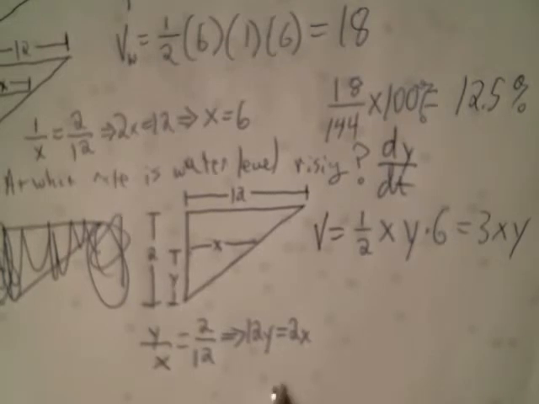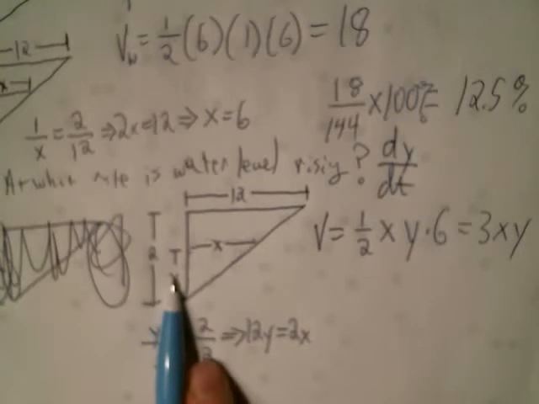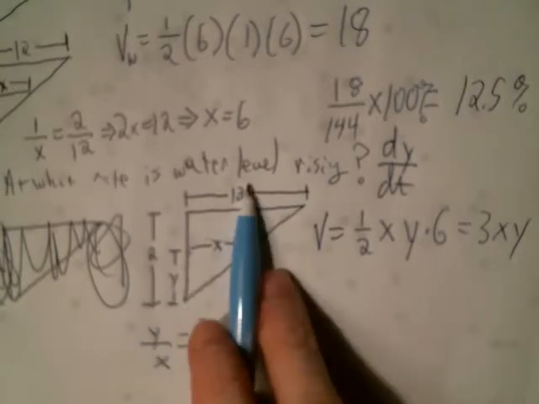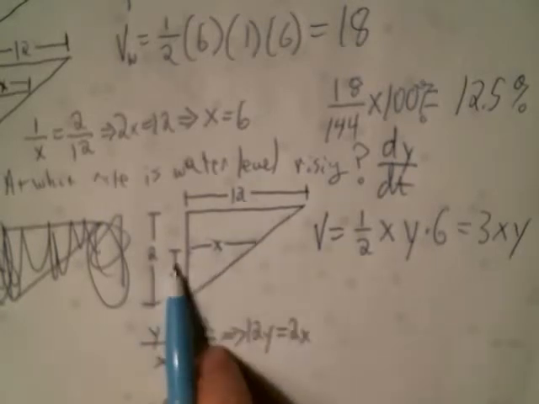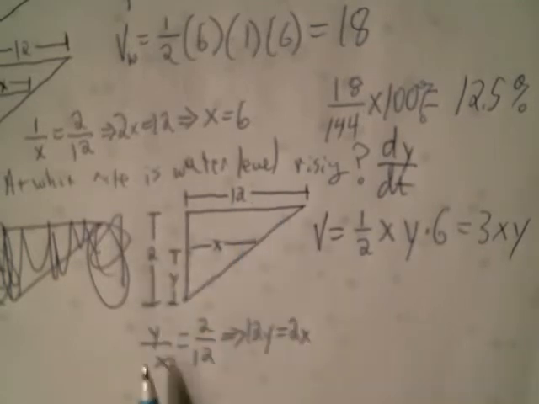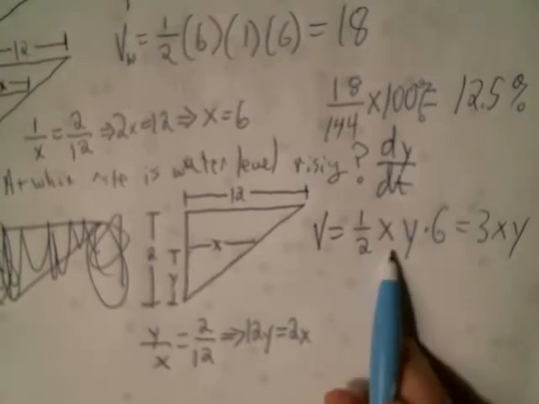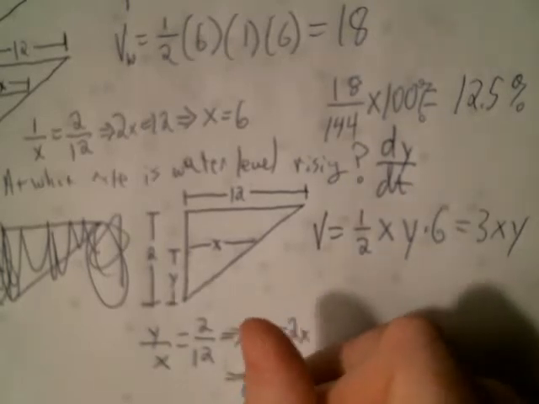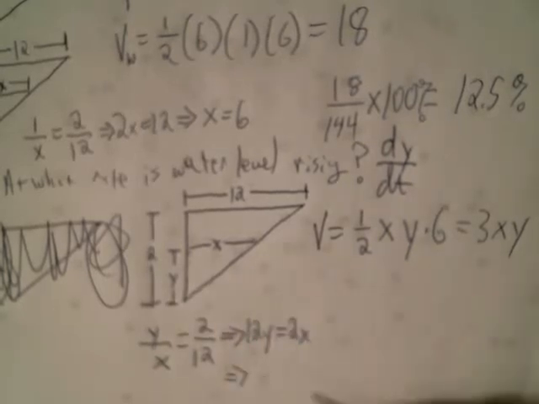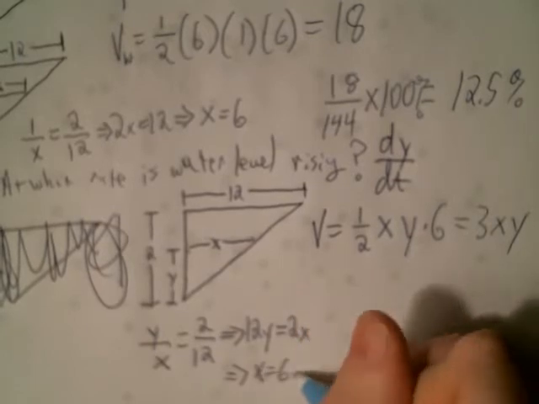Did I do that wrong? So y is to x is 2 is to 12. That looks good. 12y equals 2x, I'm solving for x. Okay, so I need to get rid of the x in this equation. Sorry about that. So if I divide both sides by 2, I get x is 6y.